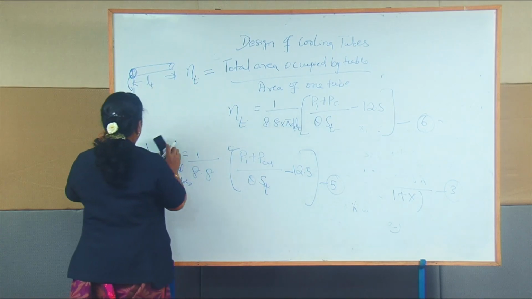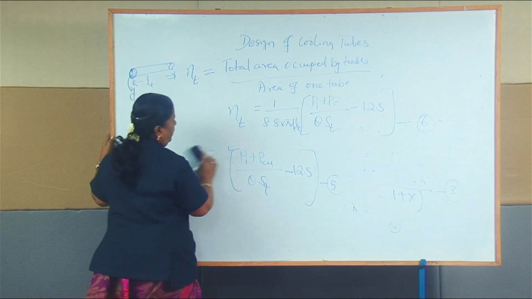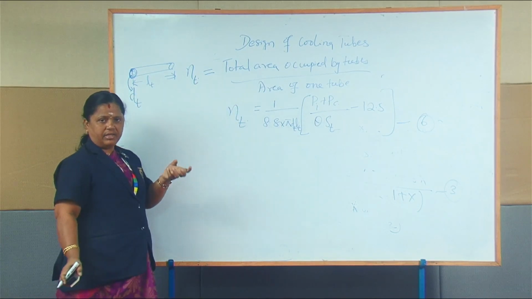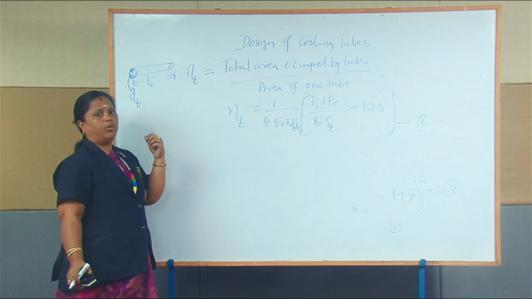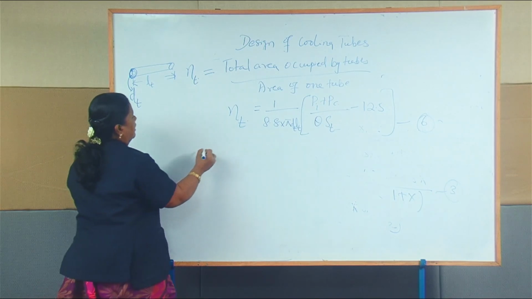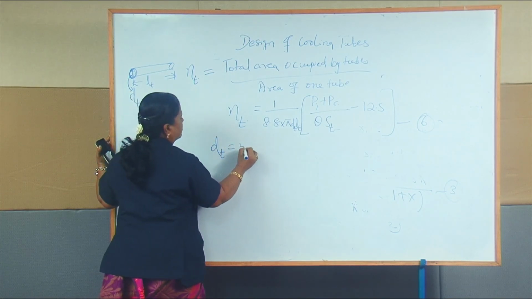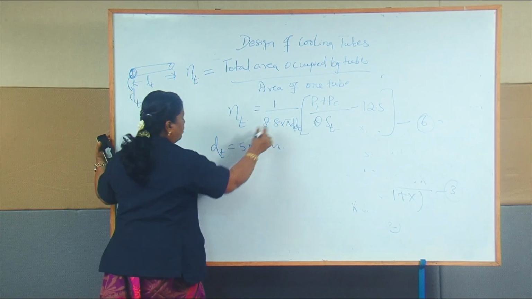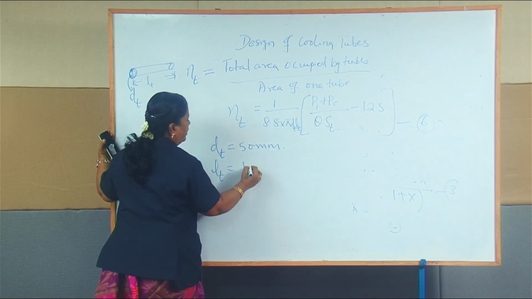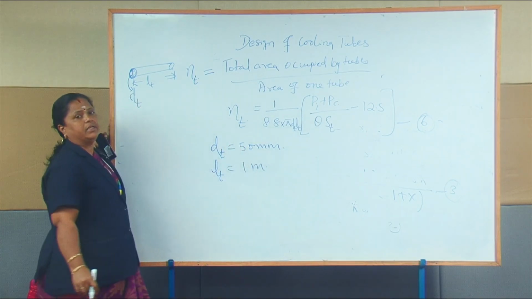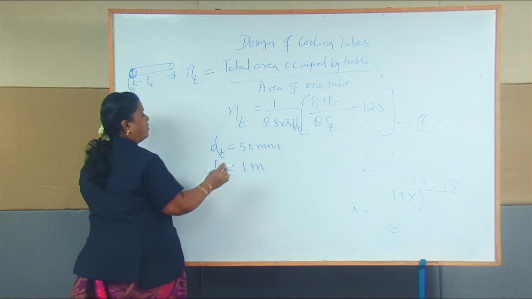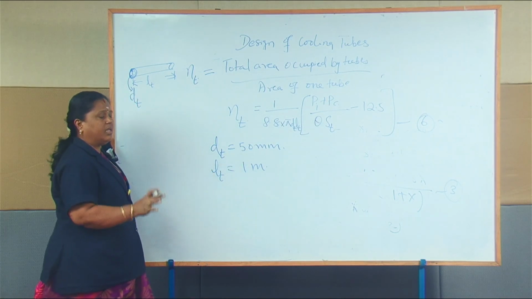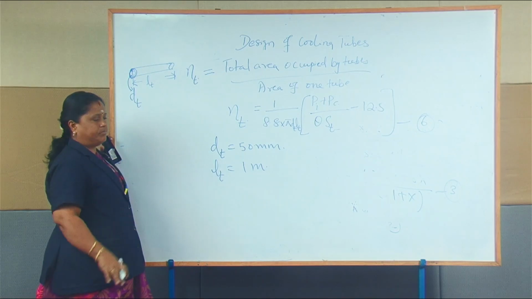Now, in the problem, if they have not given the diameter or length of the tube, you can consider the diameter of the tube as 50 mm and the length of the tube as 1 meter.